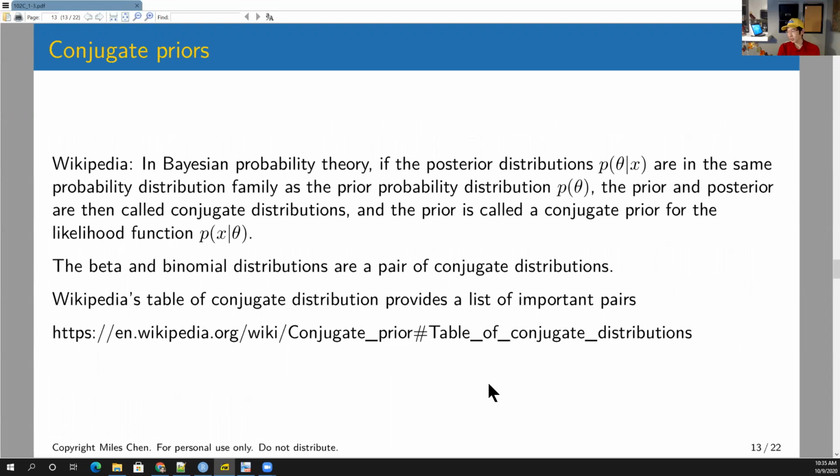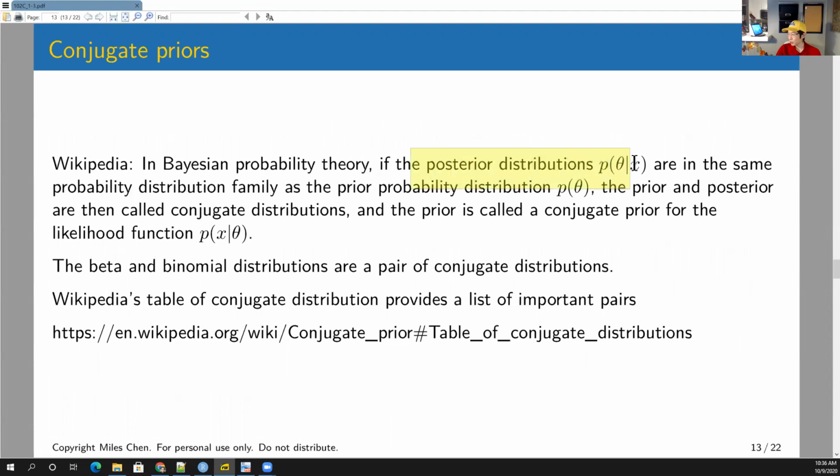Okay, anyway, let's keep going. This is just a slide on conjugate priors. We've been exploring the beta and the binomial distributions because those are a pair of conjugate distributions. This is the Wikipedia definition of a conjugate prior.